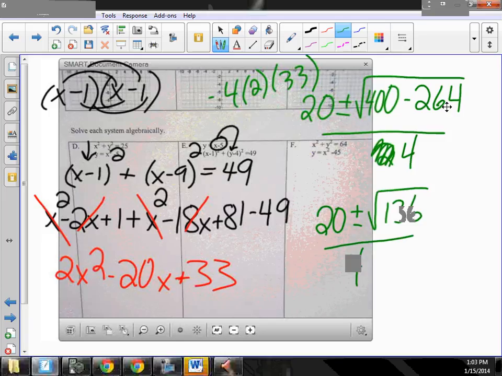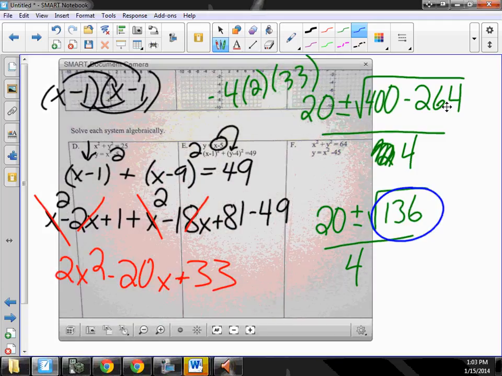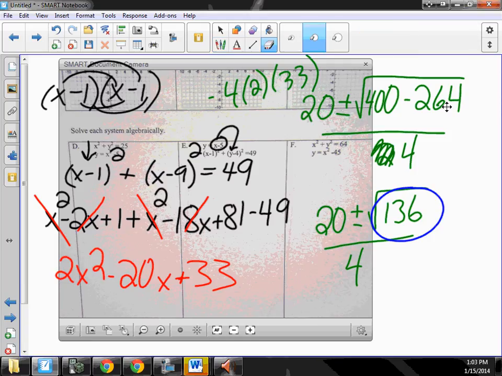Now, let's stop for a second. What if this 136 was negative? That means that the quadratic has imaginary roots. If the substituted quadratic has imaginary roots, what does that tell us about the original circle and line? No intersection. So let me spell that out for you.